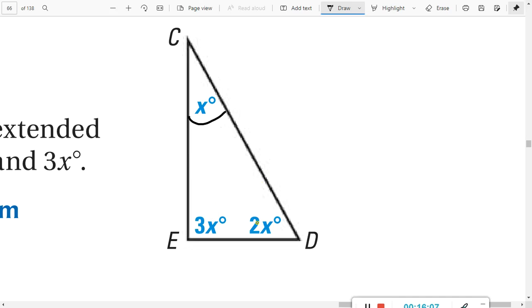We know that the angles inside of a triangle add to 180. So all we have to do is add the three angles and set them equal to 180.